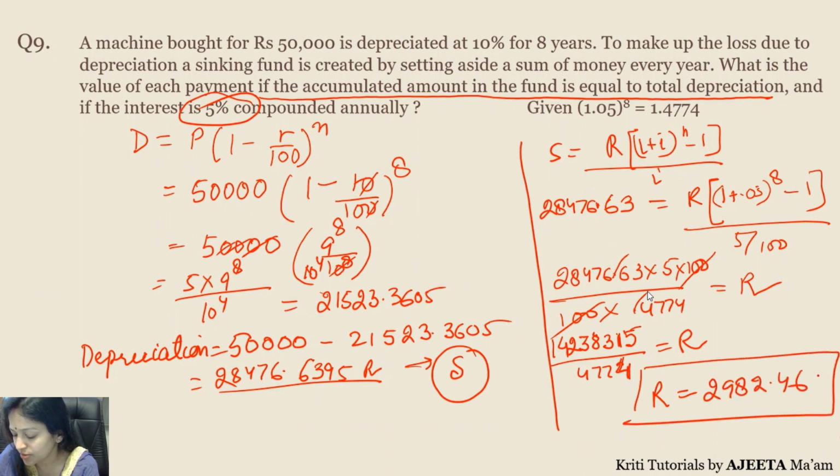So this much rupees you need to set aside every year to get the depreciated amount, correct? So that you will not face the problem in buying the machine. You don't have to use any money from your savings account. That is why it is important.